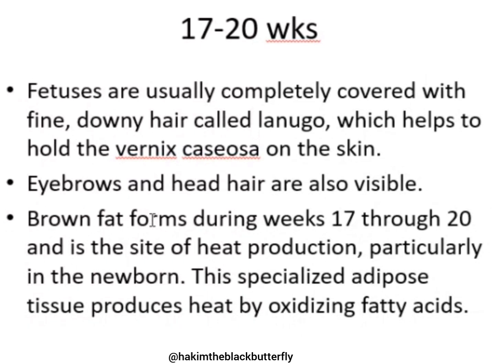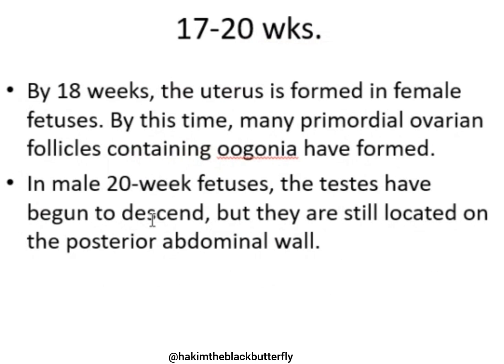Brown fat developing as the site of heat production, and then we see further development of the ovarian follicles. We also have seen that very important event of the testes, which are originally in the abdomen, beginning to descend on their course to reach their final destination.